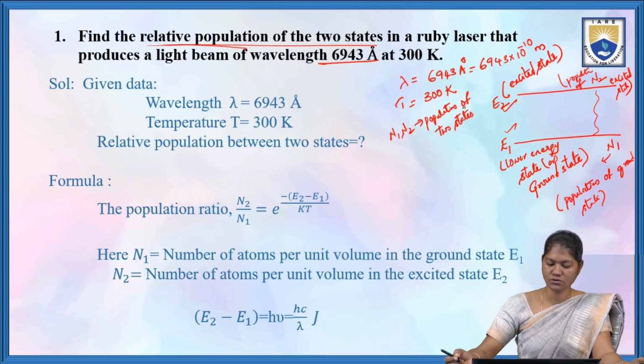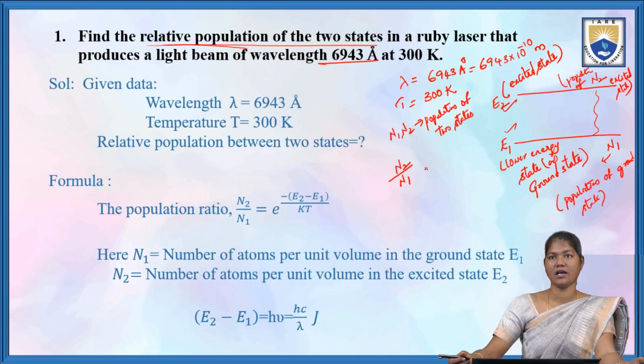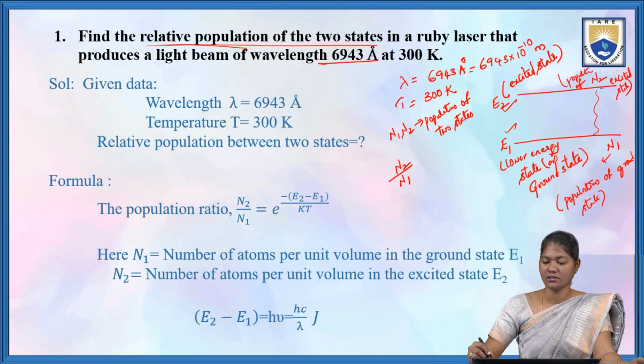When we want a relative population, we have to take N2 by N1.